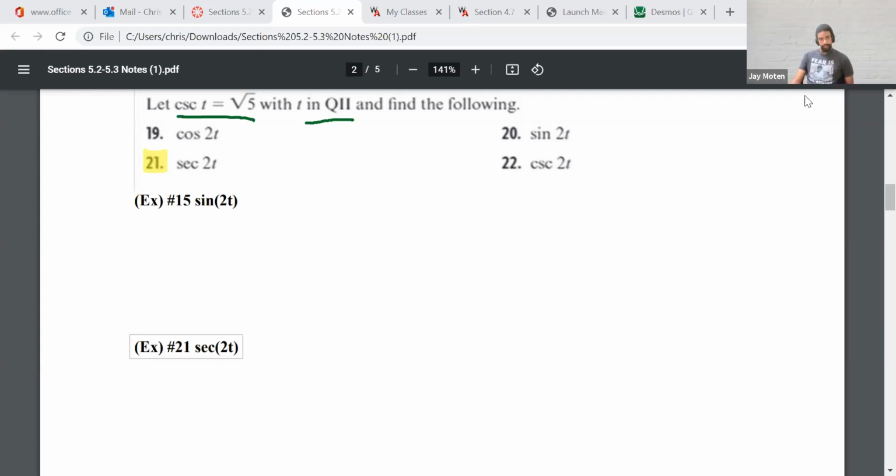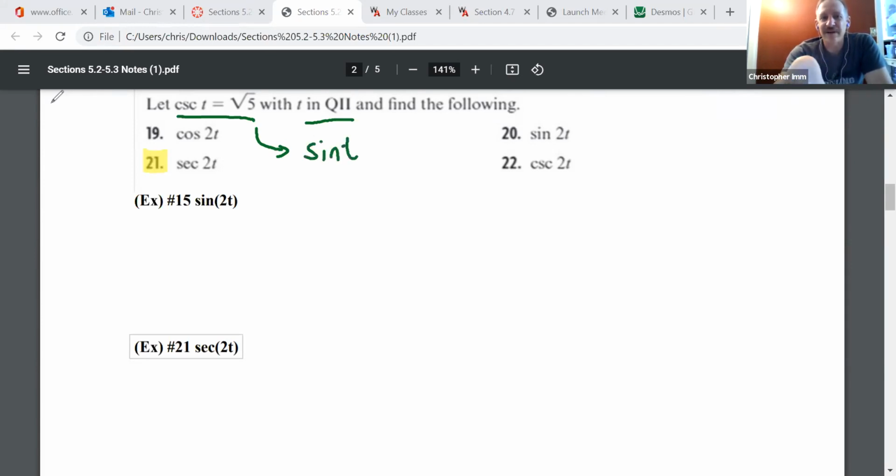Sine. Okay, great. So we can make this triangle again and use the triangle approach, but here, if you're slick, you can avoid that. So cosecant being square root of 5, we know that sine is going to be its reciprocal. It's going to be that 1 over root 5.